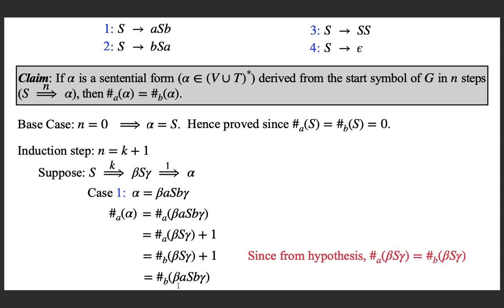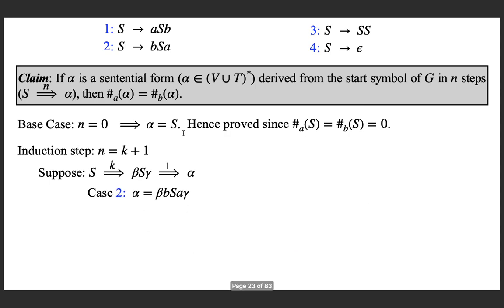So, the number of b's in this string is nothing but the number of b's in this string plus this b. So, this is exactly what we have, and we are proving that the number of a's in alpha is equal to the number of b's in alpha. So, we have done the first case.